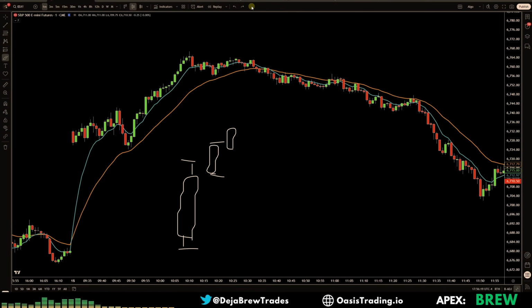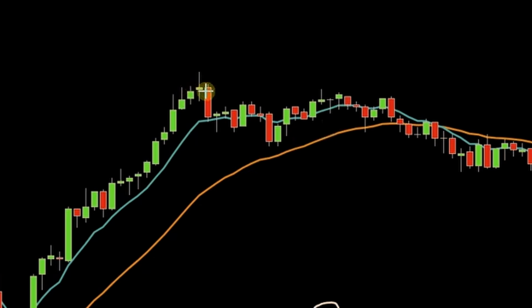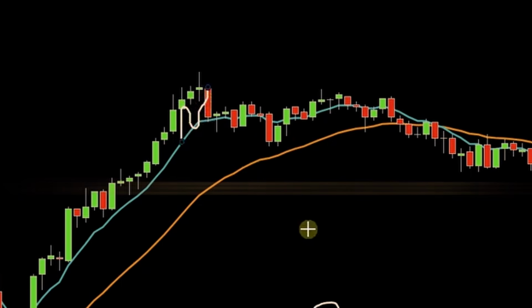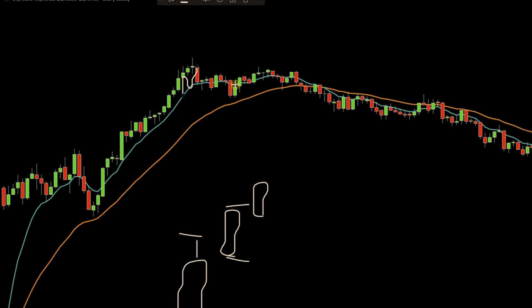If you get really far away from that level, that line, whatever you want to call it, I would consider that extended. If we look at the high of this day here, Wednesday, you see what this is called: air. They call the gap between the price and the average air, right? It's kind of like an open air effect.